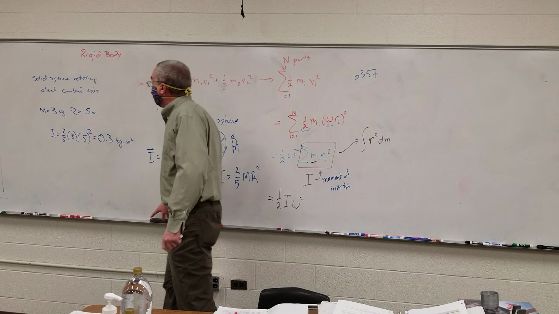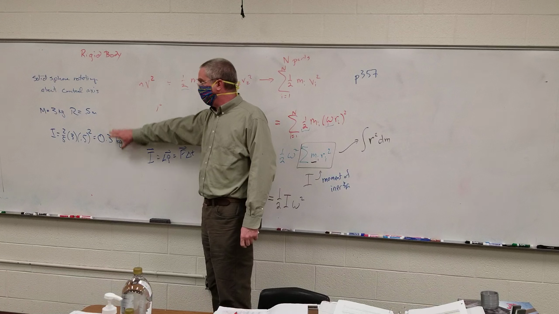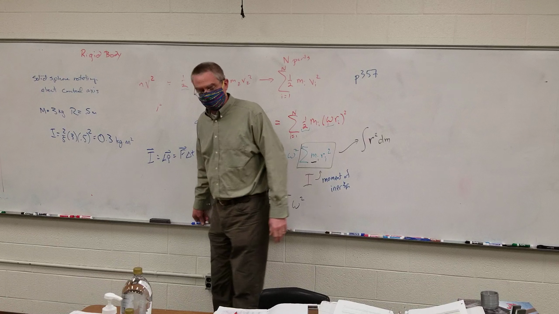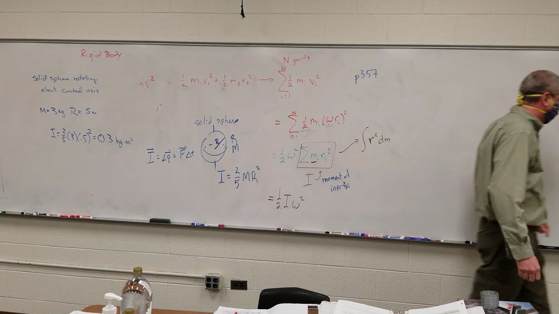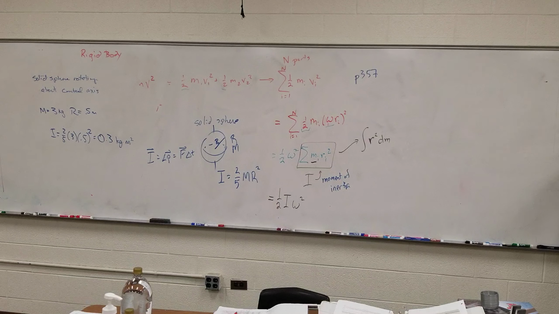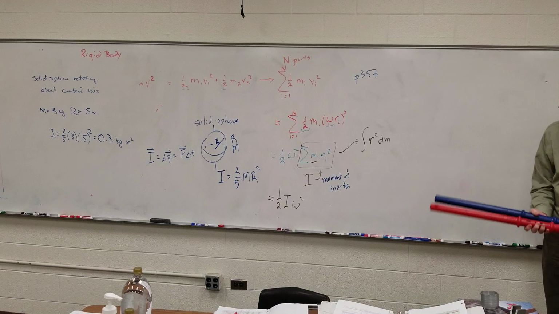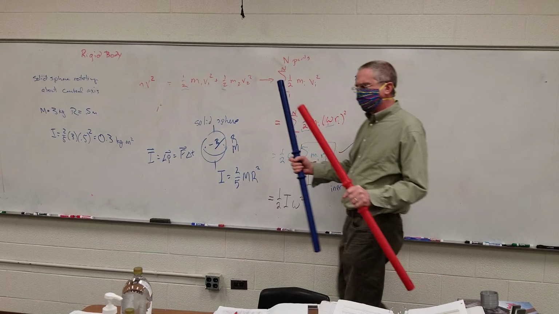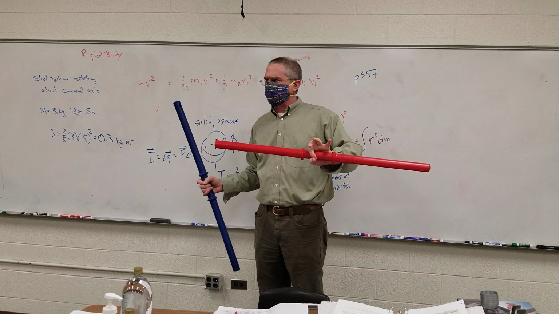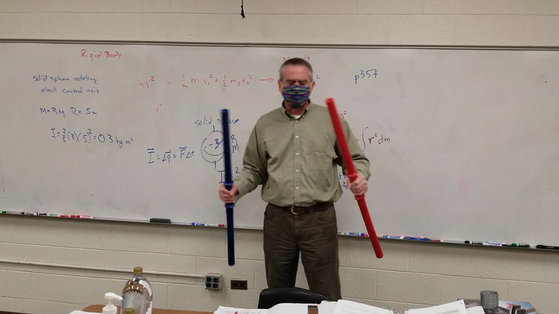Right. Now notice how fast it was spinning has absolutely nothing to do with the moment of inertia here. In terms of, I've done these with this group, right? Okay.